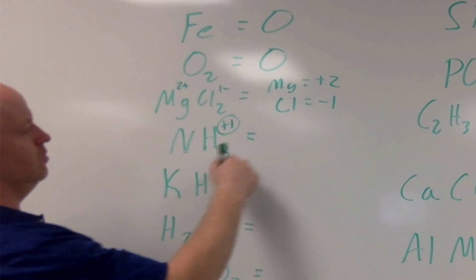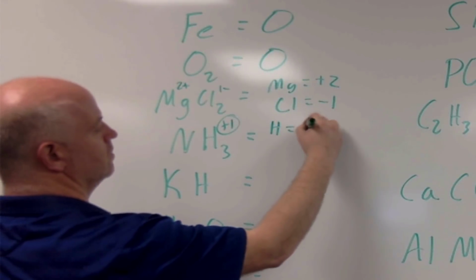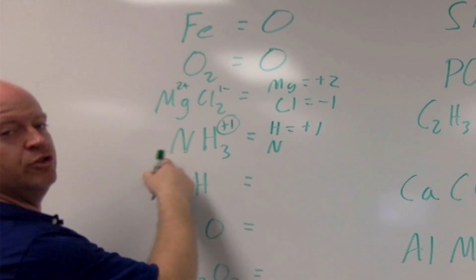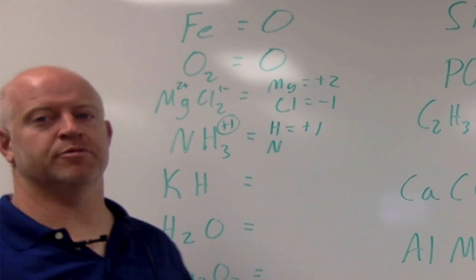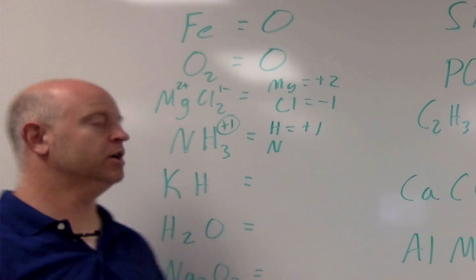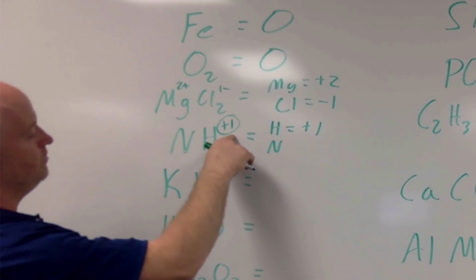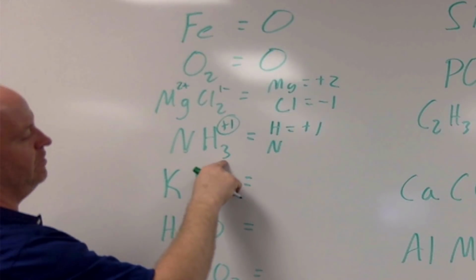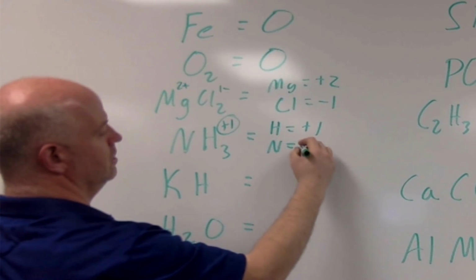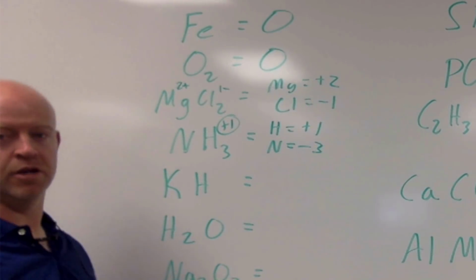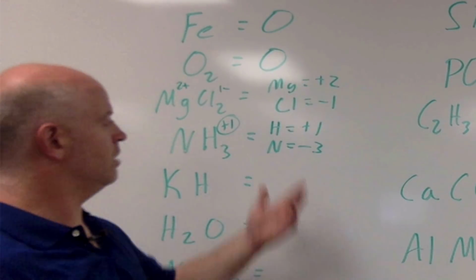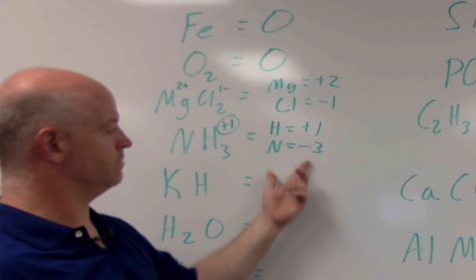If hydrogen is a +1, we have to make this thing neutral overall. So the oxidation numbers need to add up to 0. Hydrogen's a +1, and nitrogen has to account for that. If we have a +1 and there are 3 of them, the nitrogen has to be a -3, which kind of matches its charge, which is nice. So hydrogen's a +1, and nitrogen is a -3.